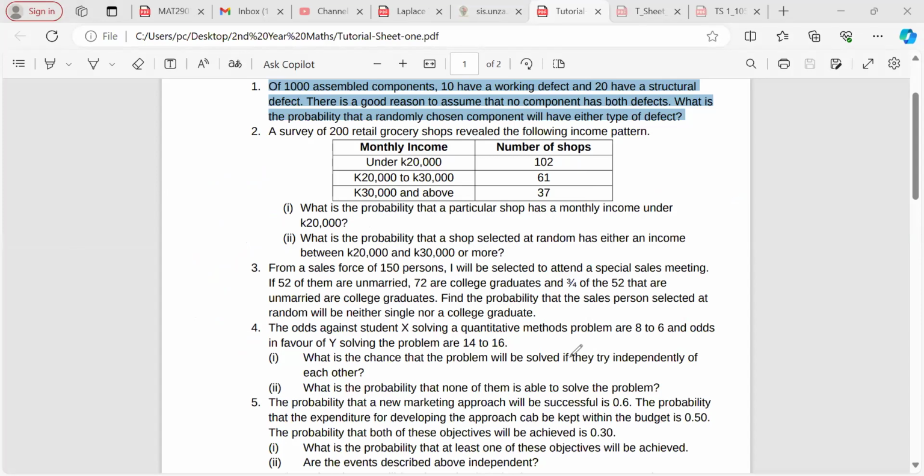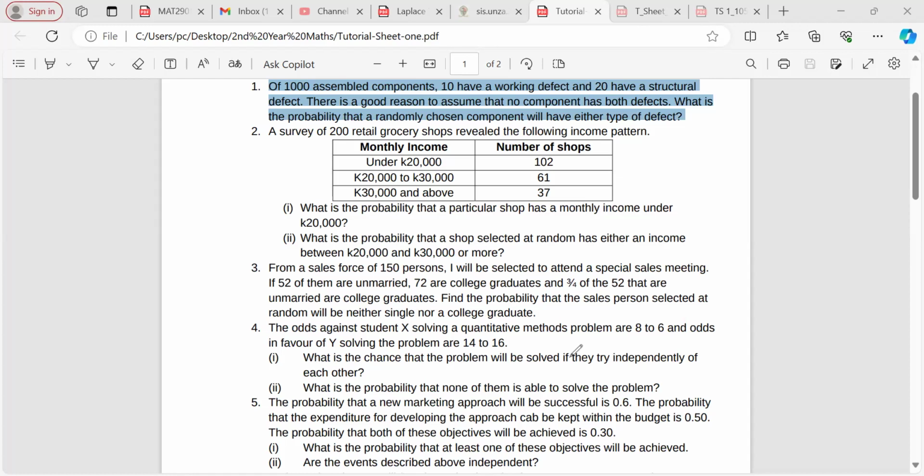Okay, so let's go to question 3. From a sales force of 150 persons, one will be selected to attend a special sales meeting. If 52 of them are unmarried, 72 are college graduates, and 3 over 4 of the 52 that are unmarried are college graduates, find the probability that the salesperson selected at random will be neither single nor a college graduate.